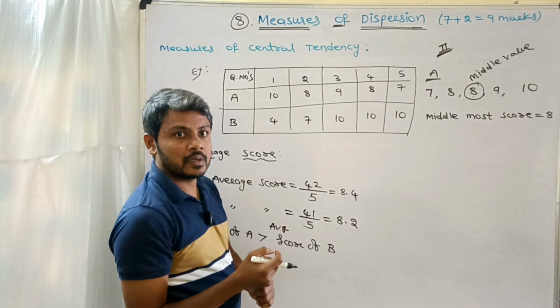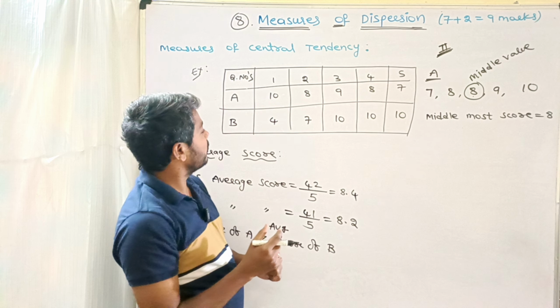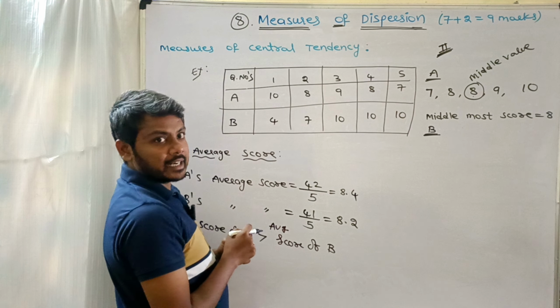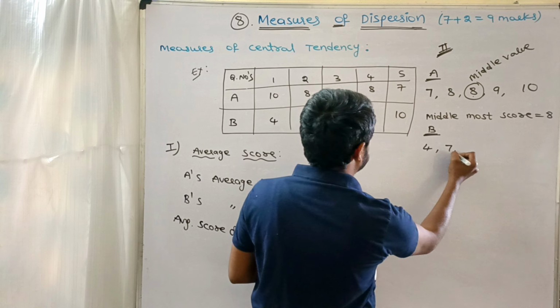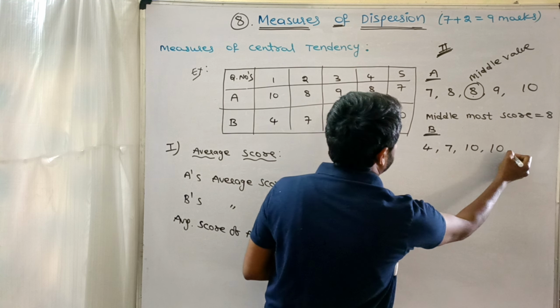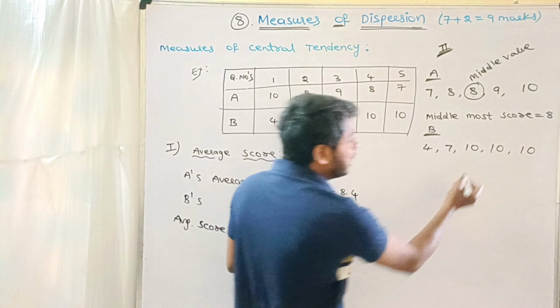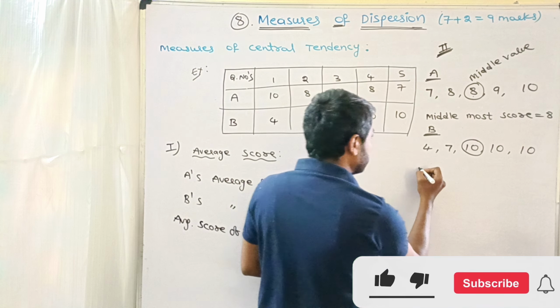Next, again you should write the ascending order of B. So already they are in ascending order, 4, 7, 10, 10, 10. See in that, what is the middle value? 10. Therefore the middle most score is 10.